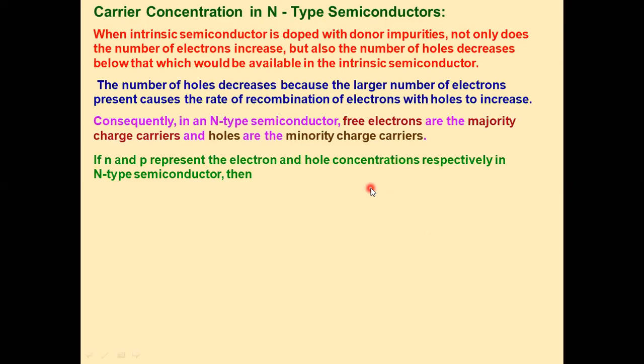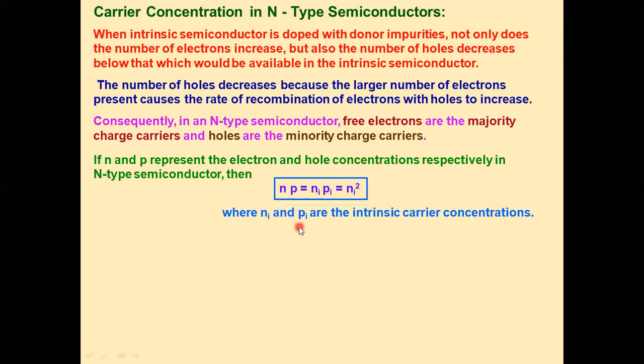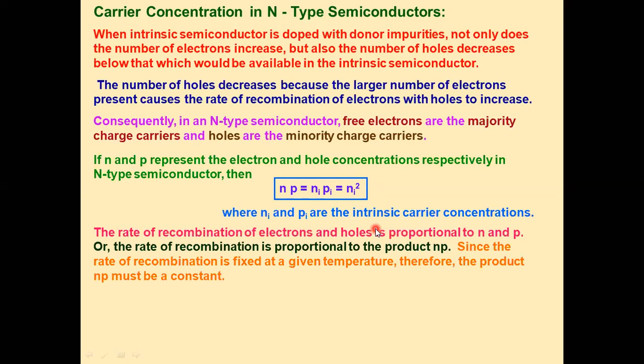If n and p represent the electron and hole concentrations, in the intrinsic type the number of electrons and holes is the same. But when doping takes place, the number of electrons in the N type of semiconductor is maximum.